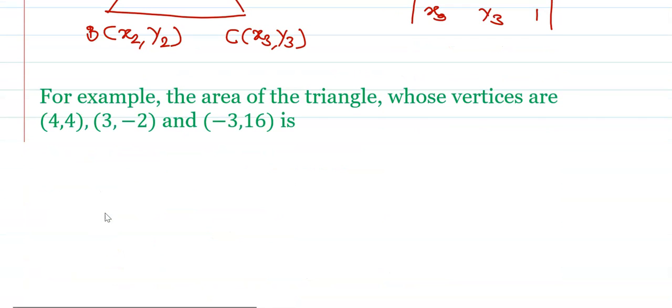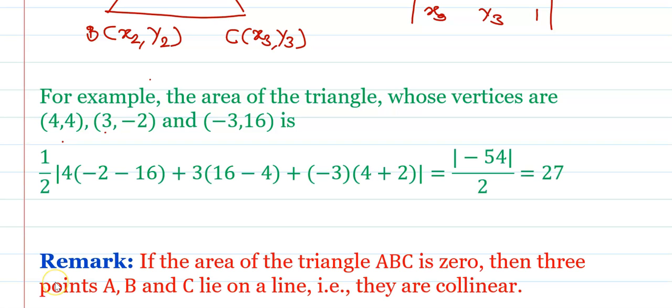For example, the area of the triangle whose vertices are 4, 4, 3, minus 2 and minus 3, 16. Now, these are x1, y1, x2, y2 and next x3 and y3.